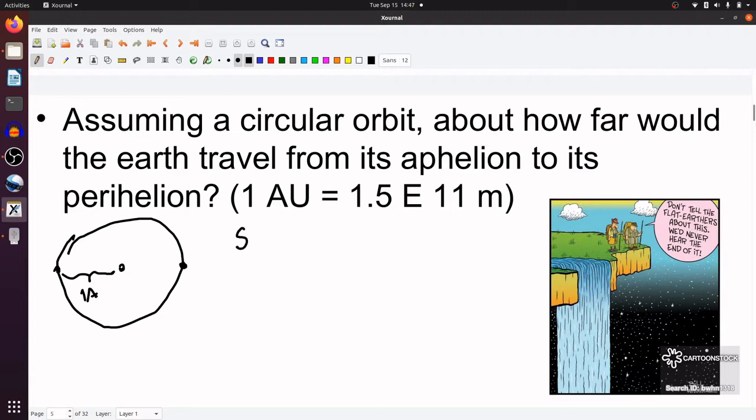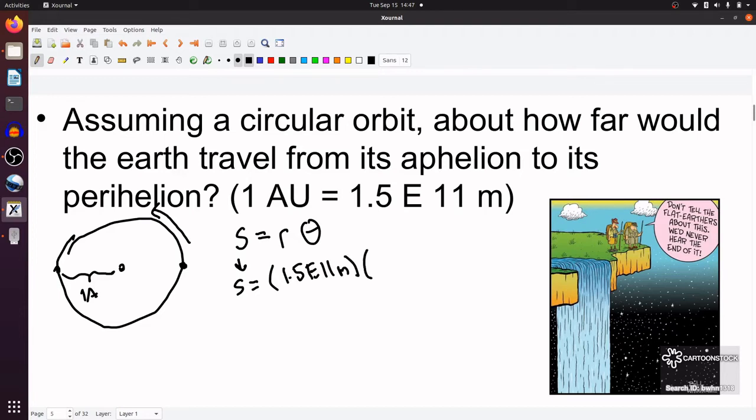We know that S is equal to r theta, and S is what we're looking for, the actual distance that we traveled as we travel this way. The radius is going to be 1 AU, so that's going to be 1.5 times 10 to the 11 meters.